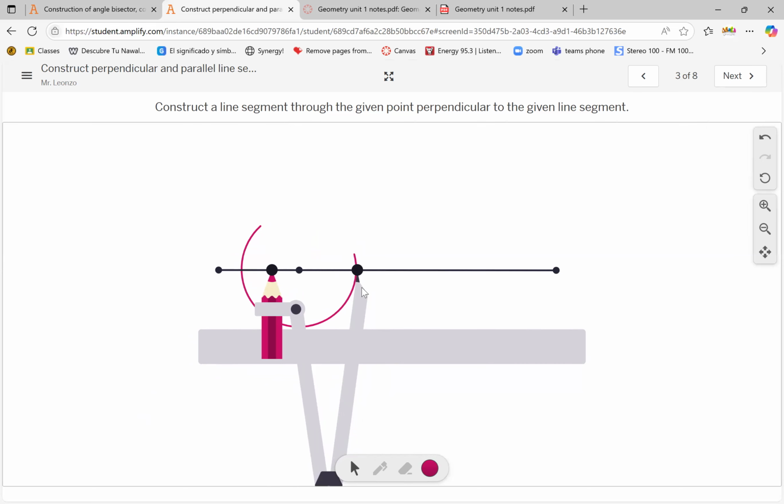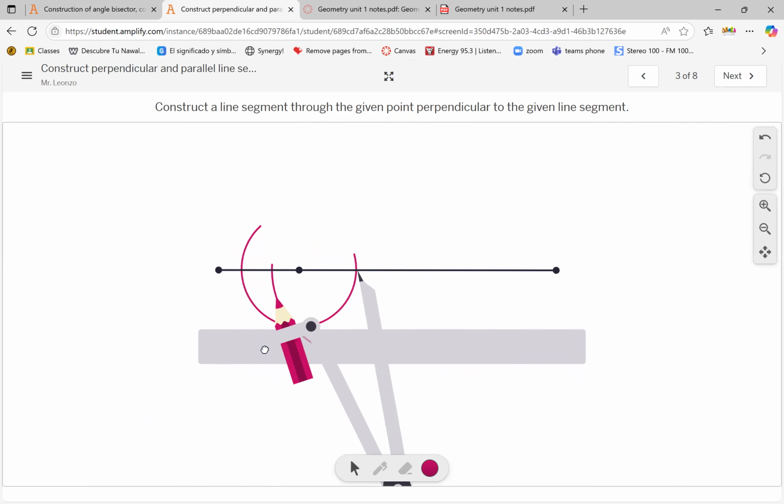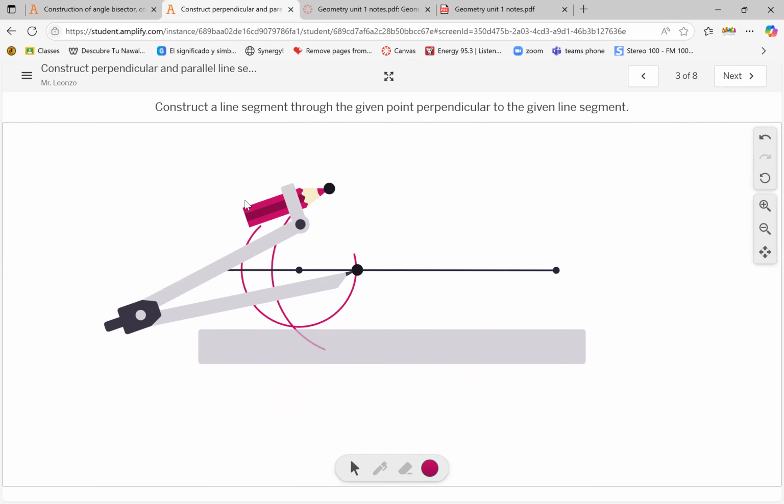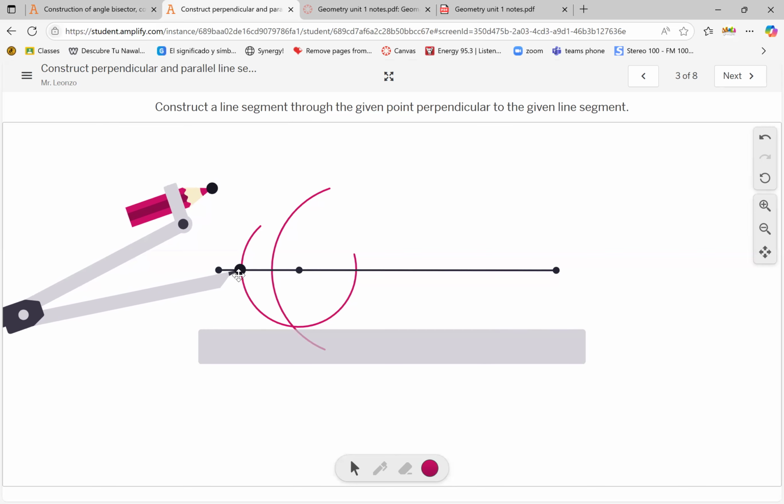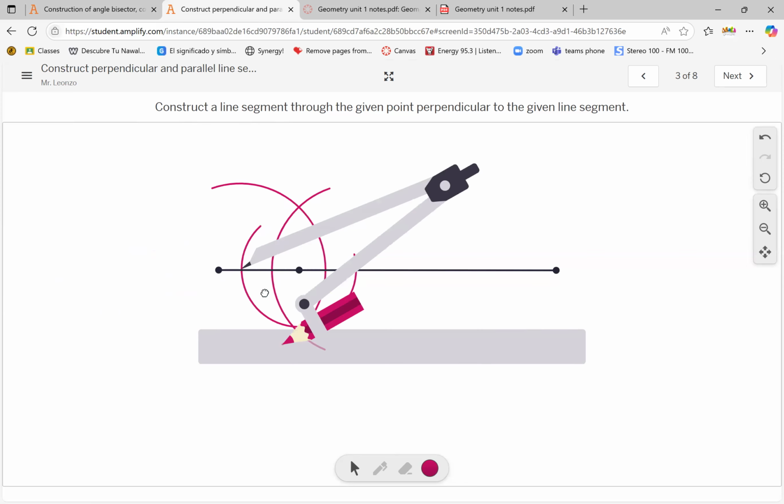Okay. So one end of my compass, I put at the intersection, and then my pencil, I went past it. Now let me grab my pencil here. I'm gonna create an arc. Don't change the aperture of the compass. Just move this point to the other intersection and then create a big arc.